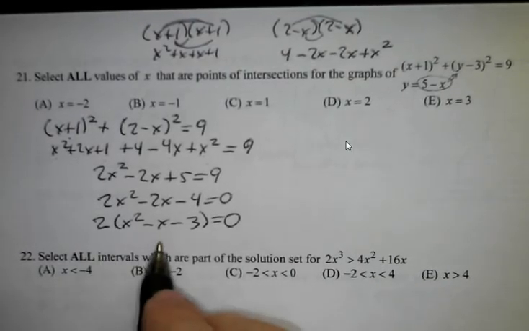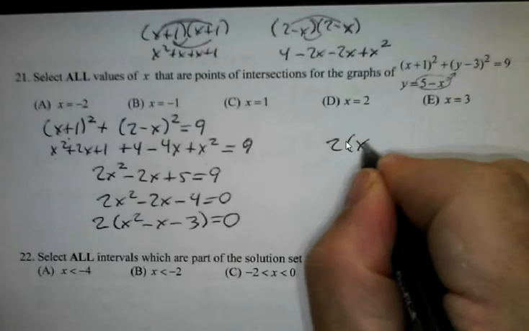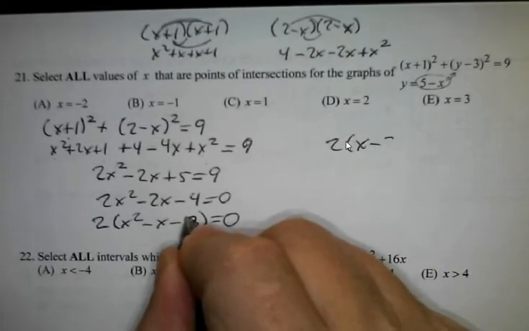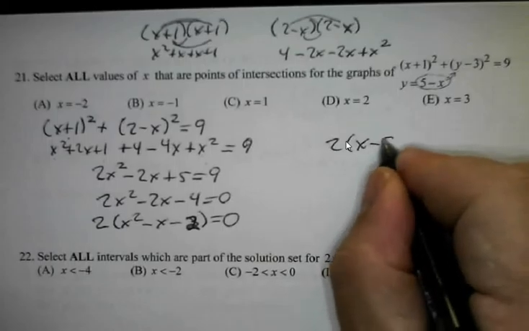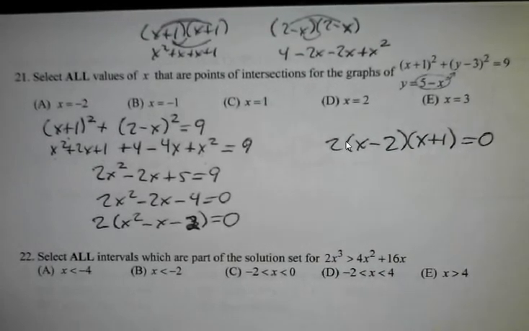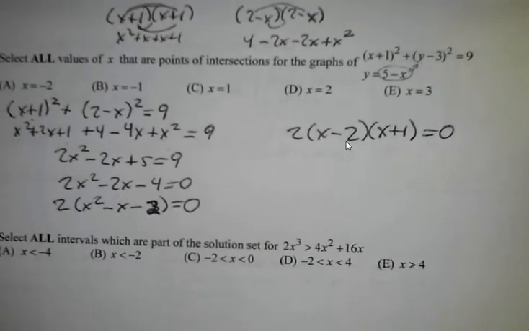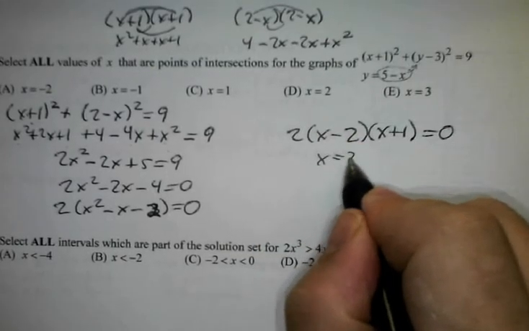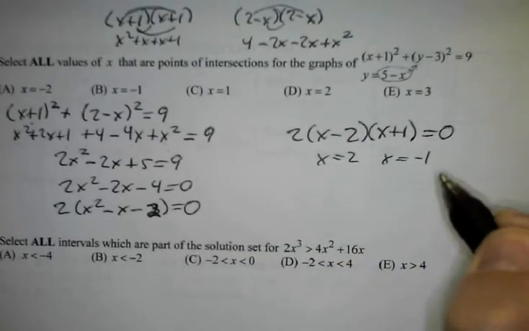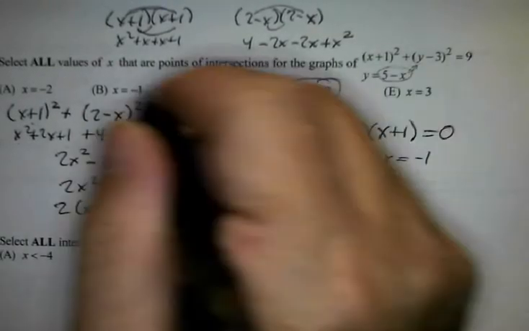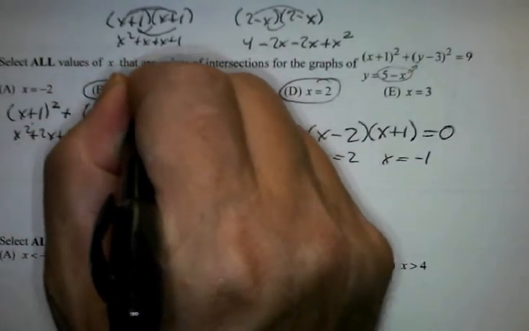Then this factors to 2 times x minus 2 times x plus 1. Solving this, I get x equals 2, and I get x equals negative 1.